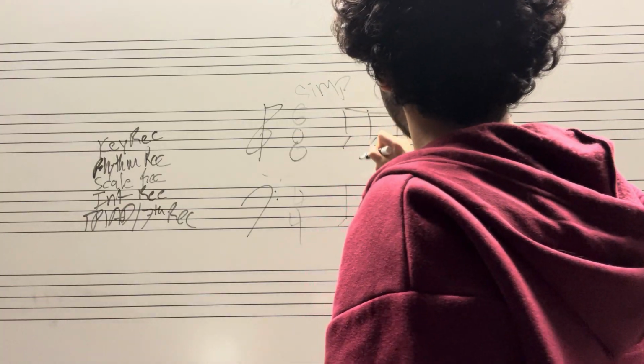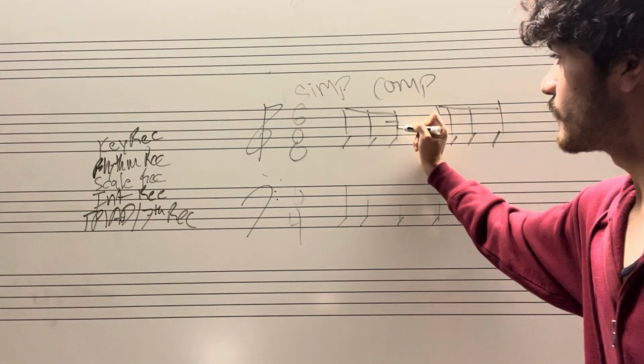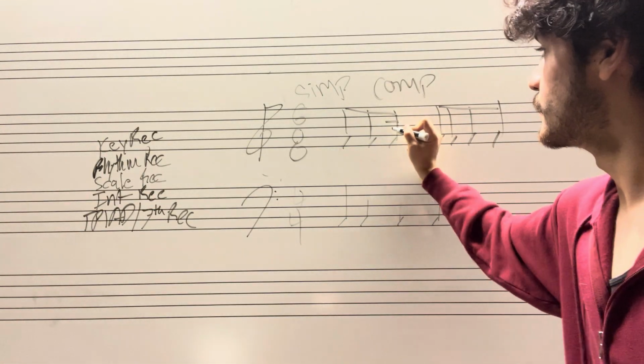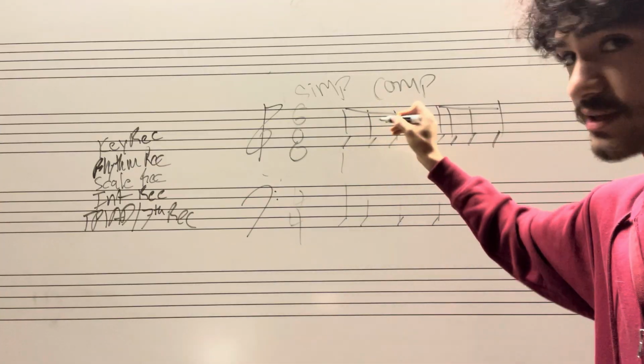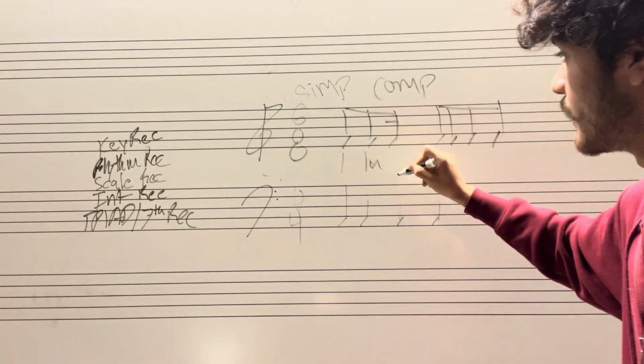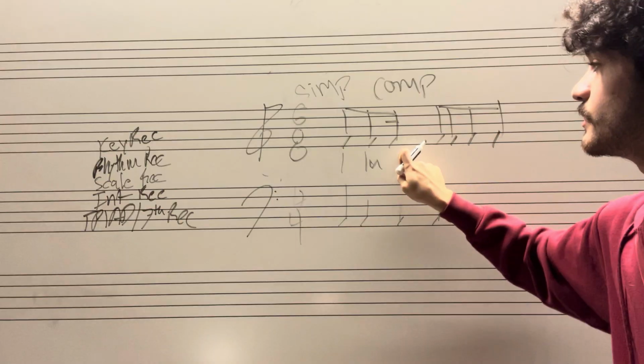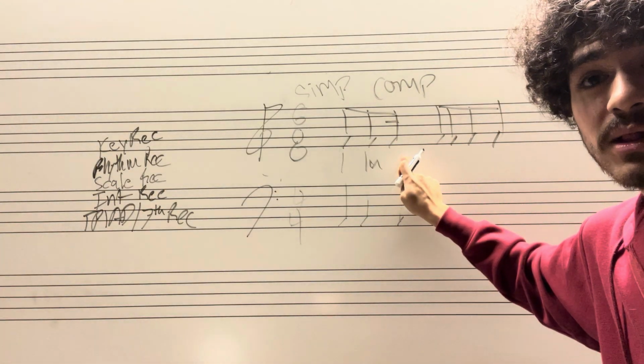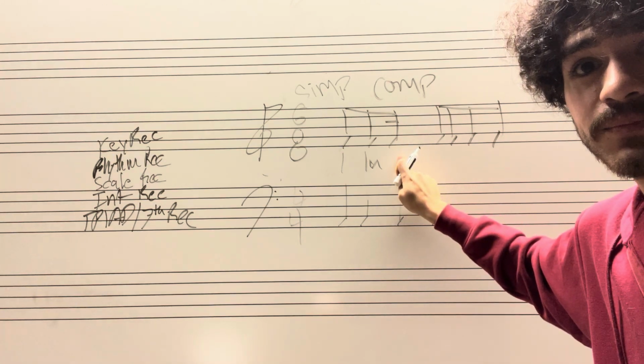So let's say you come across something like this, right? You got this right here, right? So we got 1, right? Nothing in between there. La, right? Nothing in between there. But hold the phone. We got a 16th note right here.